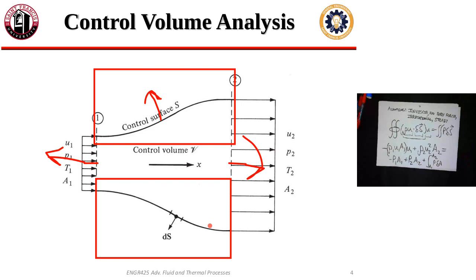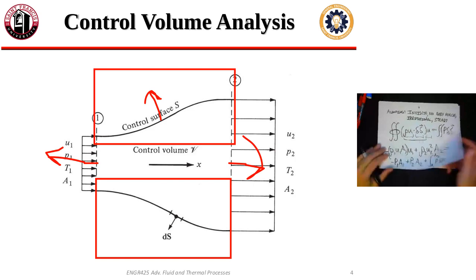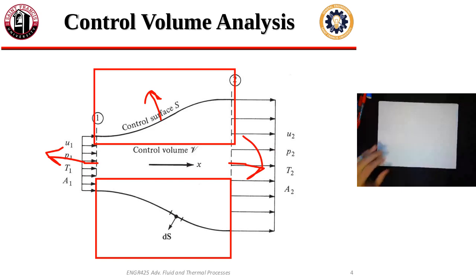All right. So that gives us mass and momentum. Now for energy. Onwards and upwards. So again, we assume that we have inviscid, adiabatic flow with no body forces.